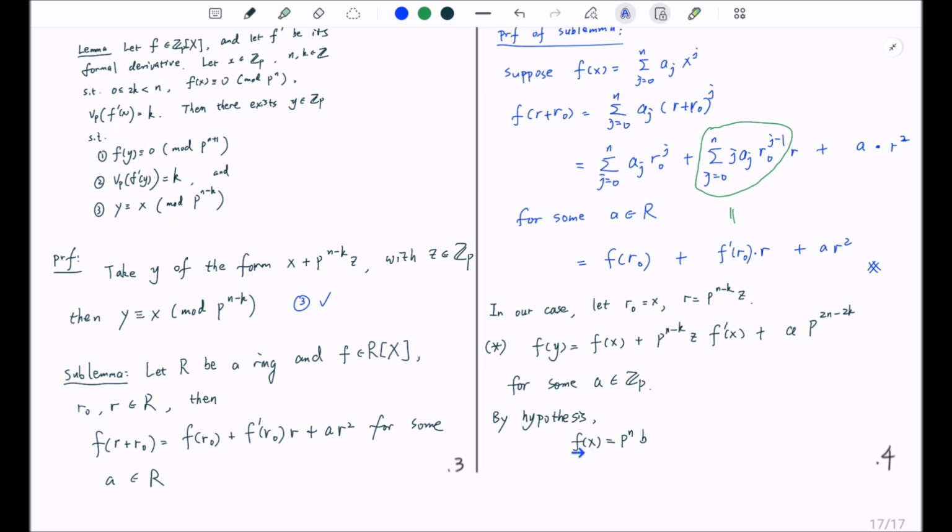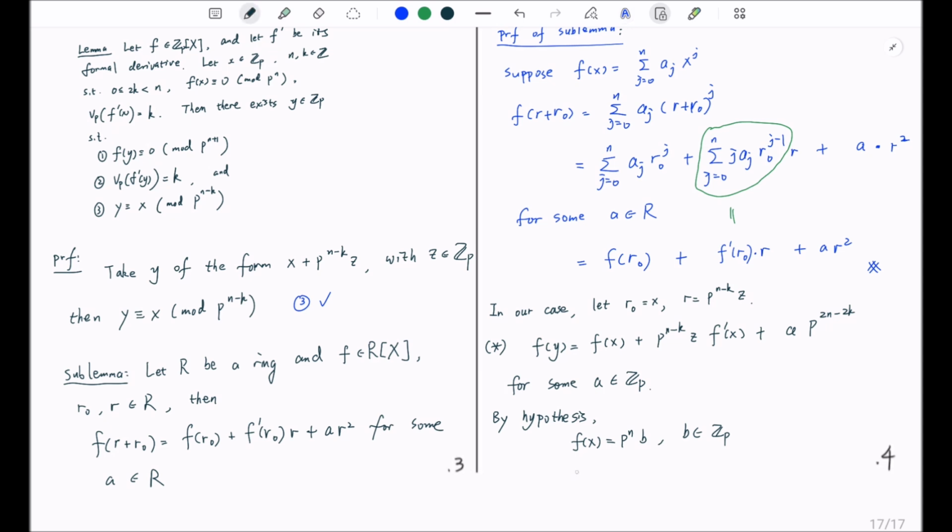That means f of x is equal to some p to the power n times b for some b in Zp. This corresponds to this assumption. And we have yet another assumption, saying that the p-adic valuation of f prime of x is equal to k.